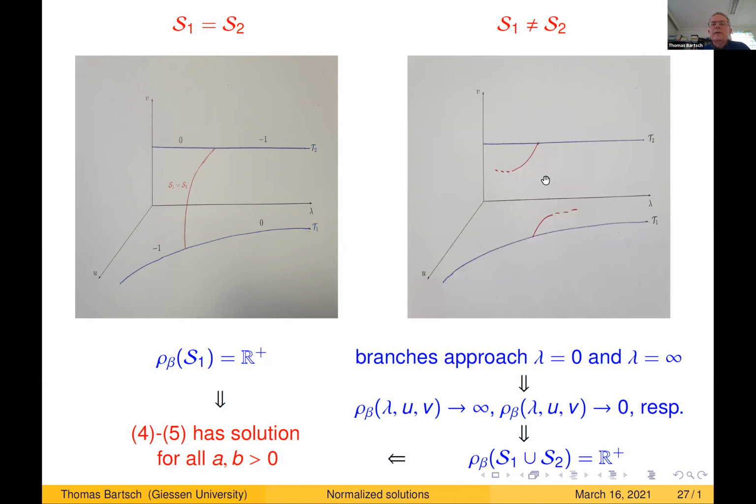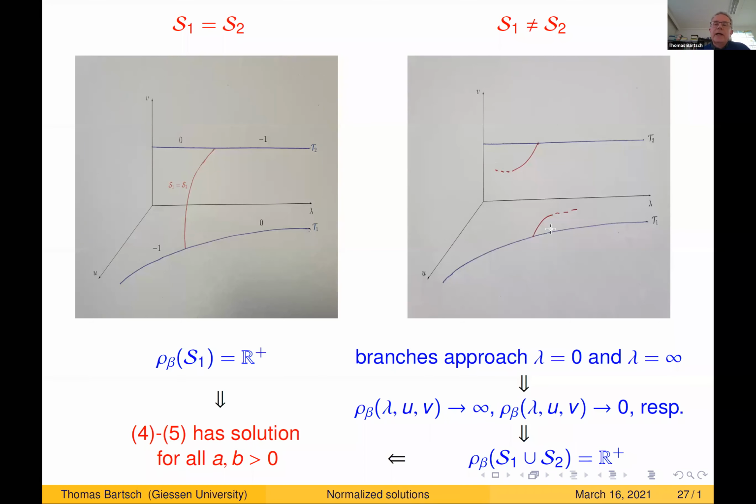Of course, it can happen that the branches do not connect, but then the branches must connect either, let's say, to lambda equals 0 or lambda equals infinity. They are, after all, unbounded branches, and one can prove that as long as lambda is bounded away from 0 and from infinity, then u and v are also bounded.